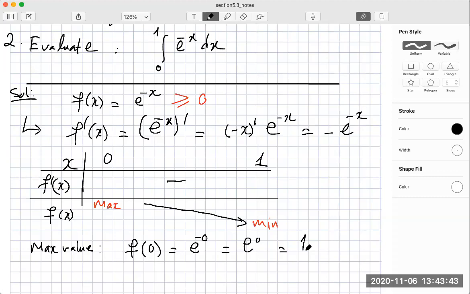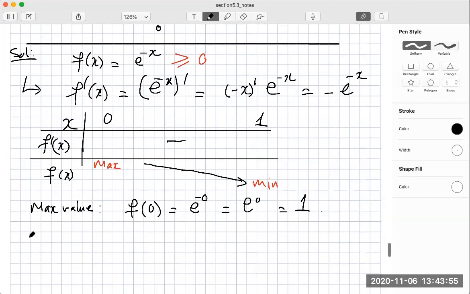Okay? Therefore, the maximum of this function on the interval from 0 to 1 would be 1. And what is the minimum value? E to the negative 1, right?